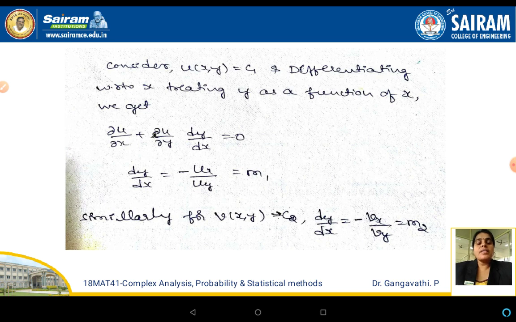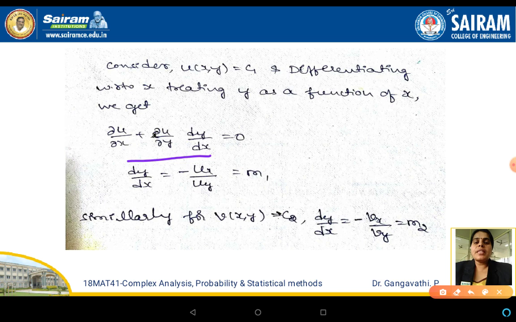So differentiating u(x,y) = c1 gives us ∂u/∂x + ∂u/∂y · dy/dx = 0.